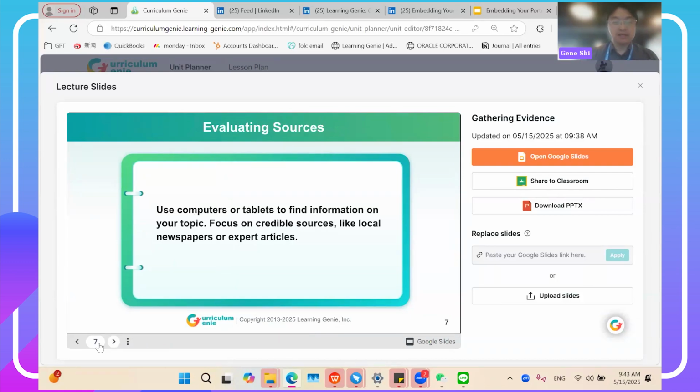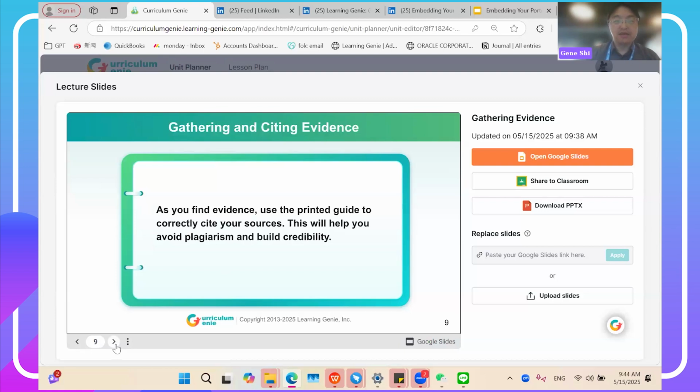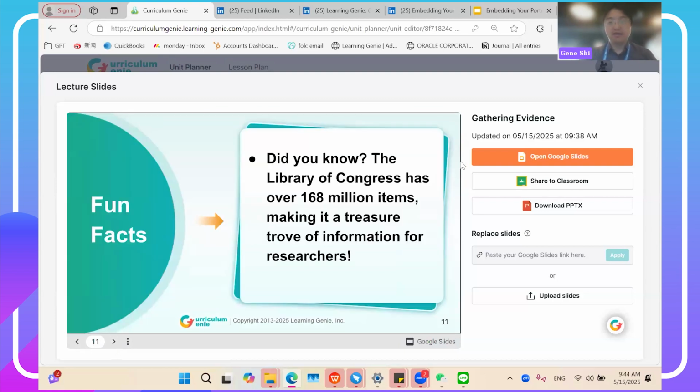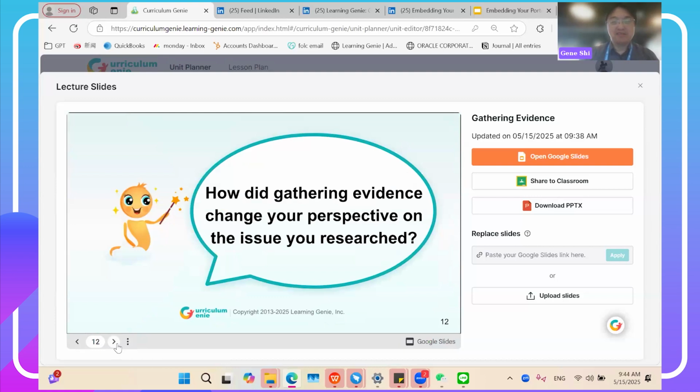We try to make it really localized, such as transportation in St. Louis, and evaluating sources, assessing credibility, gathering, citing evidence, and making your argument stronger. And then fun facts: did you know the Library of Congress has over 168 million items, making it a treasure trove of information for researchers? And how did gathering evidence change your perspective on the issue you researched?